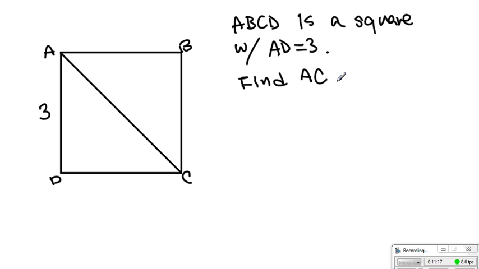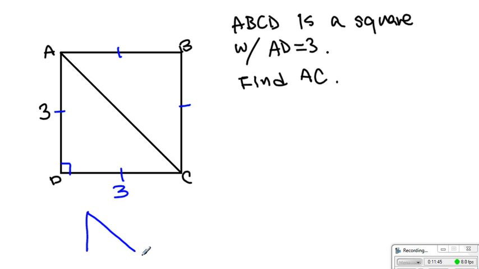Alright, then I want you to find AC. Now, in the beginning, it's a square, so all angles are equal. I give you that. But not only that, these two sides are equal to each other. Wait a minute, so are the other two. But when I look into triangle ADC, this one should look very familiar to you, just like the other question. In fact, this will be equal to 3 also.